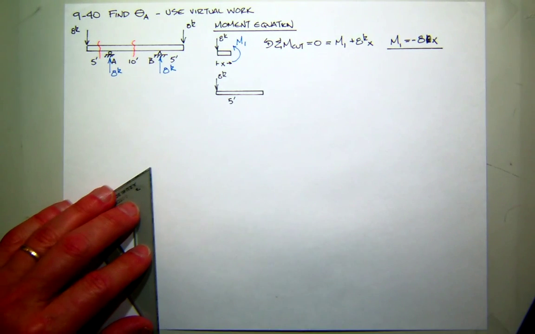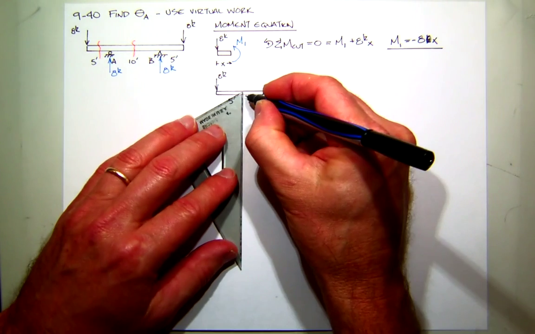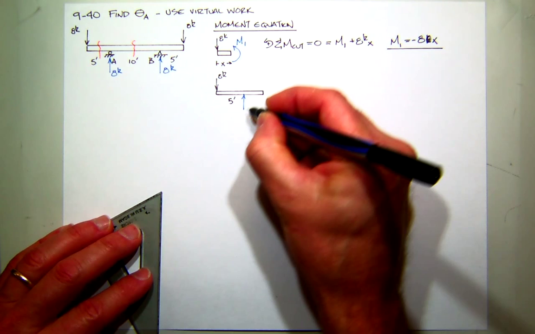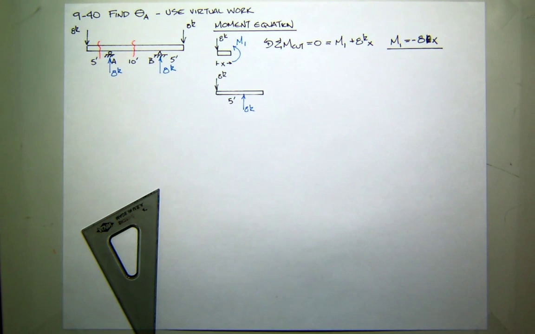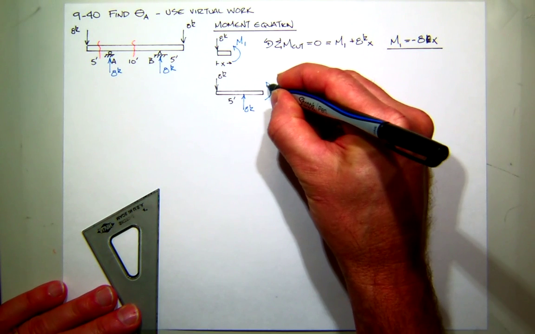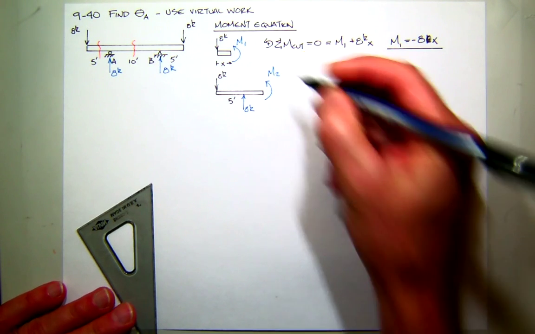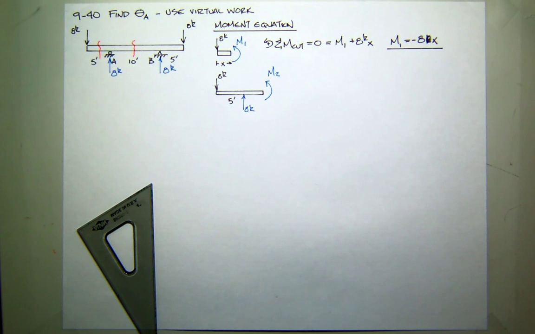I have my reaction force, which is also 8 kips. And then I'll measure to the cut itself, where I'll have my moment, and I'll call this the second moment, or M2.